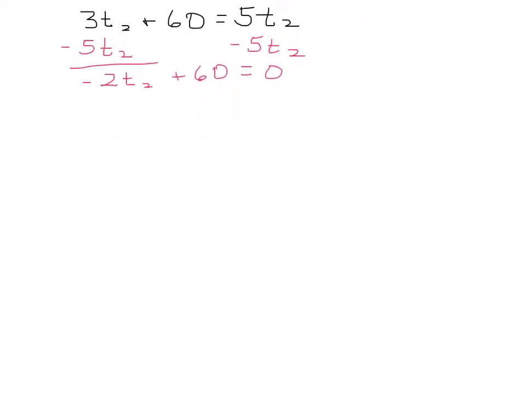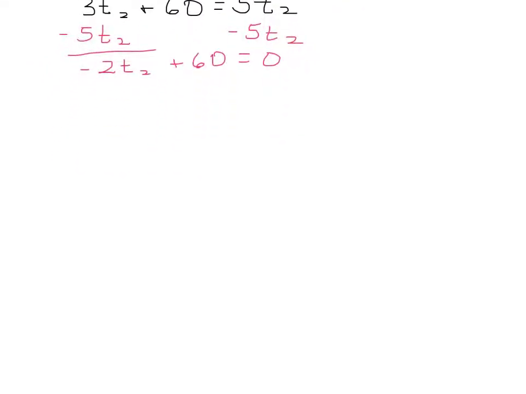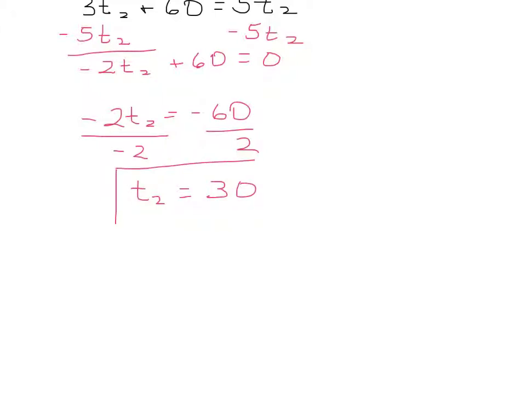And then we're going to subtract 60 from both sides, and we get negative 2 T2 equals negative 60, and then we divide both sides by negative 2, and we get T2 equals 30. So that tells us that Mary would take 30 hours to complete the project on her own.